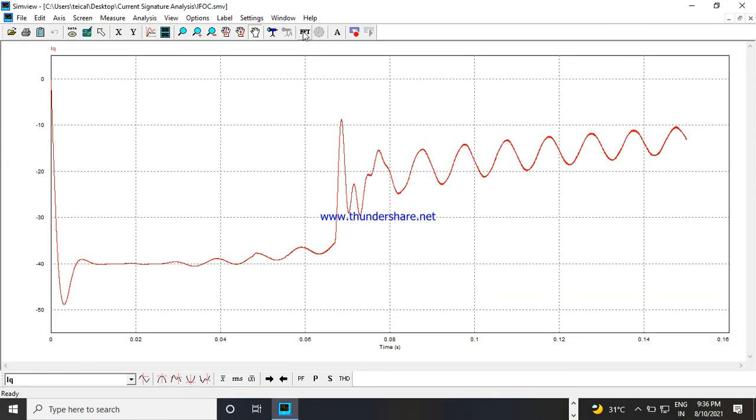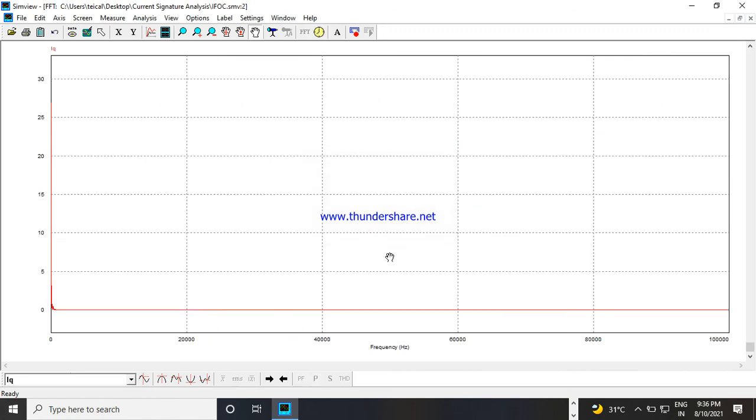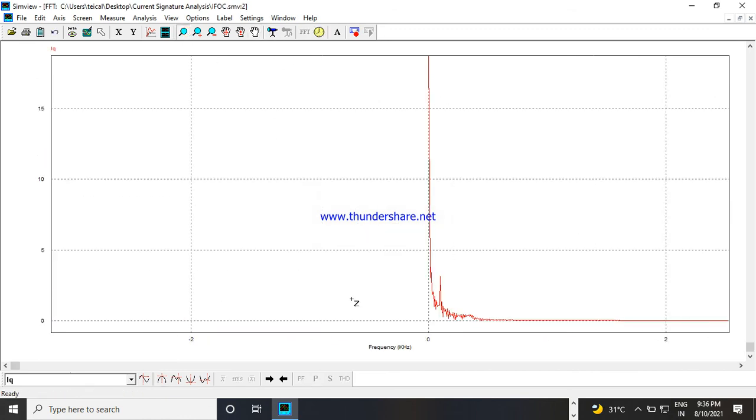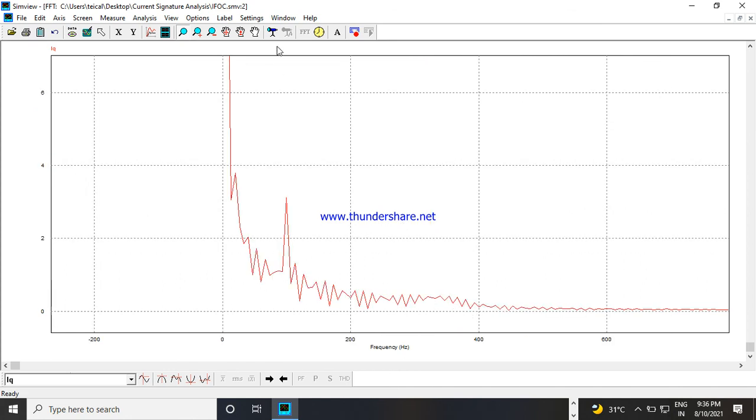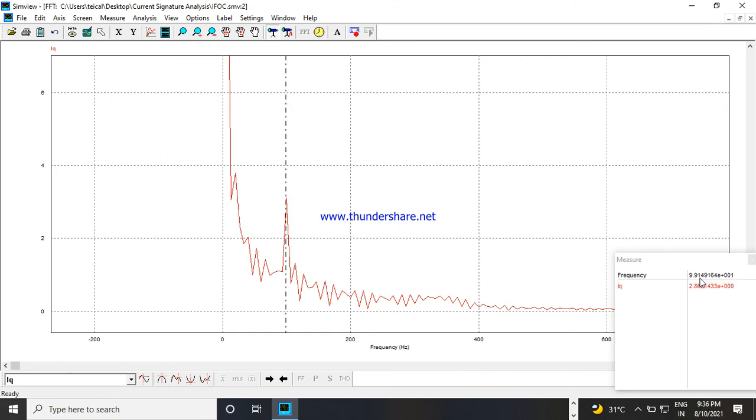Now if I take the FFT, you see I am getting a dominant peak, and where is this peak? This is the dominant peak. You see I am getting a peak at 100 hertz. It shows 99 point something because my pointer is not exact, it is 100 hertz.